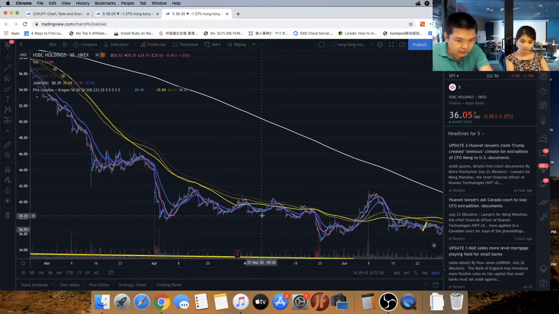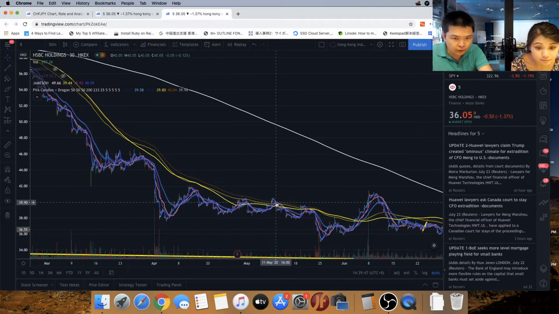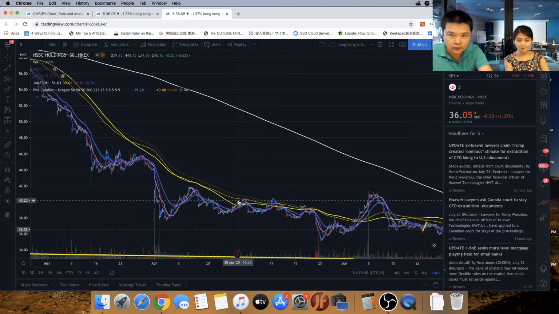Here, guys, you can see that it respects more if you put the 200 EMA, the exponential moving average, so it's closer to the tops of the candles, of the price. In this particular case, it works better if you use the 200 EMA instead of the 200 MA.